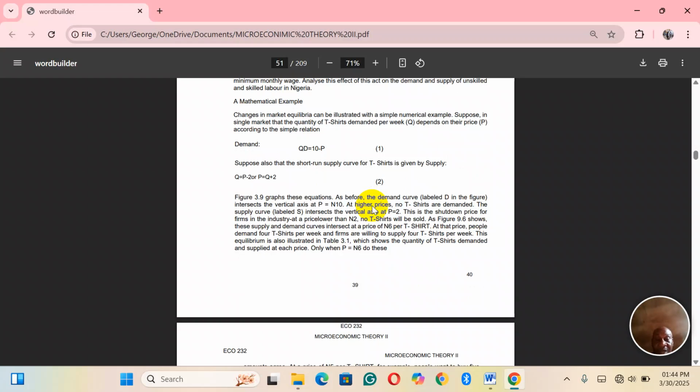Then suppose also that the short run supply curve for t-shirts is given by the quantity supplied Q equals P minus 2, or P equals Q plus 2. So graph this equation as before. The demand curve, labeled D in the figure, intersects the vertical axis at P equals 10 naira. At a higher price, no t-shirts are demanded.